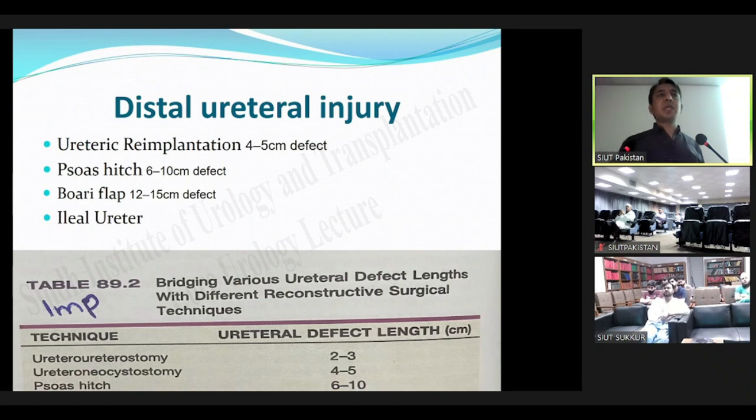The other important thing is to ligate or discontinue the contralateral pedicle, meaning the superior vesical artery, which will give you good mobilization of the bladder to the ipsilateral side. And if it is still not possible with psoas hitch, and the anastomosis is under tension, then we can go for a Boari flap, which will give a further 12 to 15 centimeter defect.